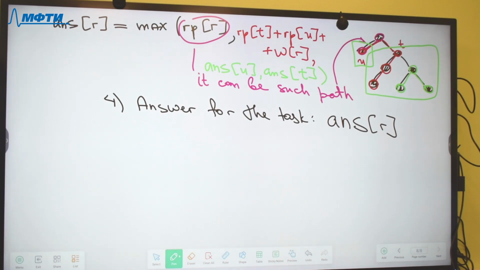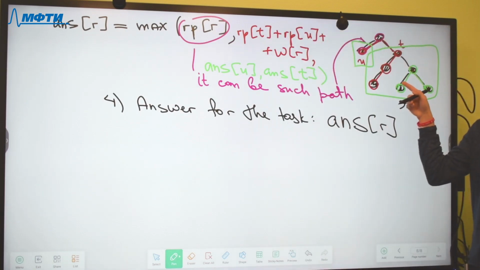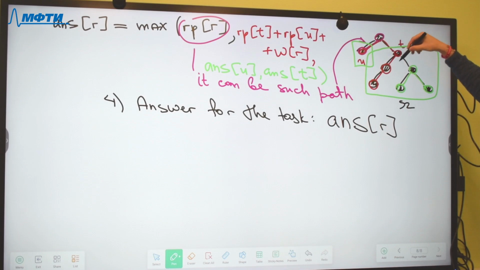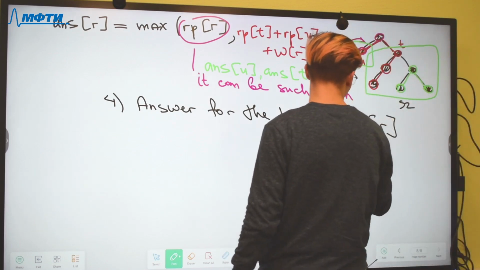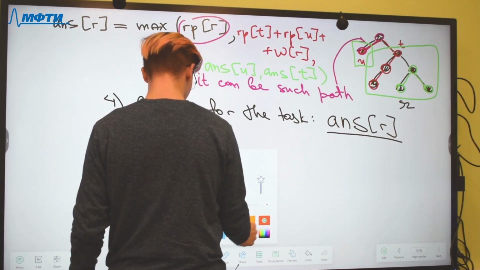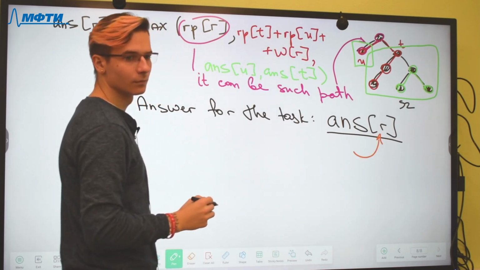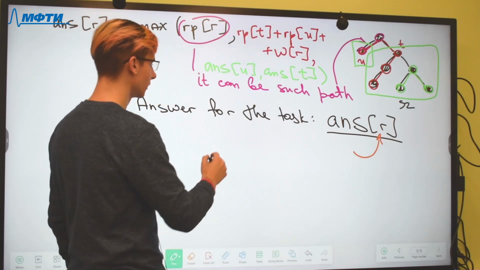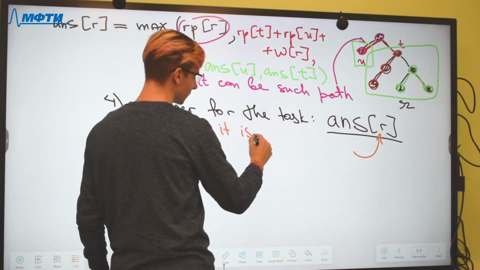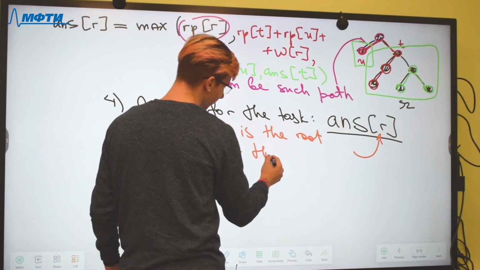When you go to the subtree, for example, S2, you can say that the answer of T is equal to RP of T, etc. And here, yeah, you're right. It is the root of the tree.